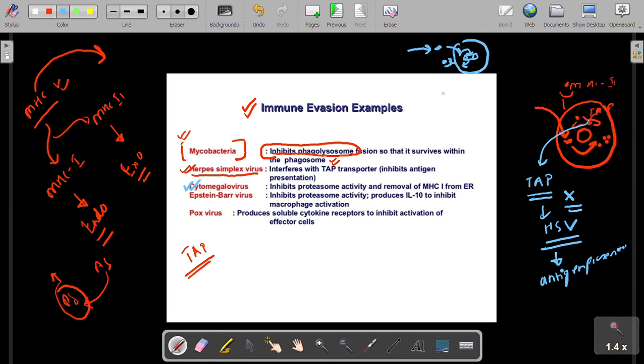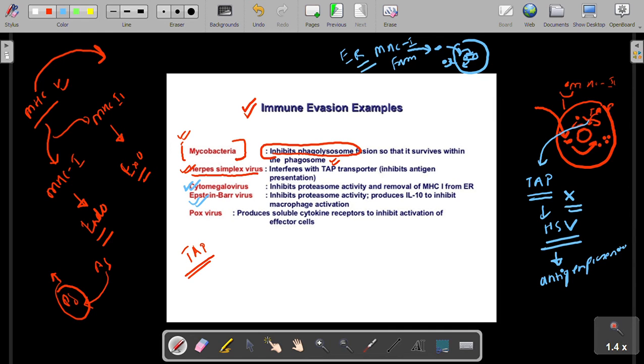So cytomegalovirus inhibits the proteasome activity and causes removal of the MHC1 from the endoplasmic reticulum. Okay. Another example is Epstein-Barr virus.